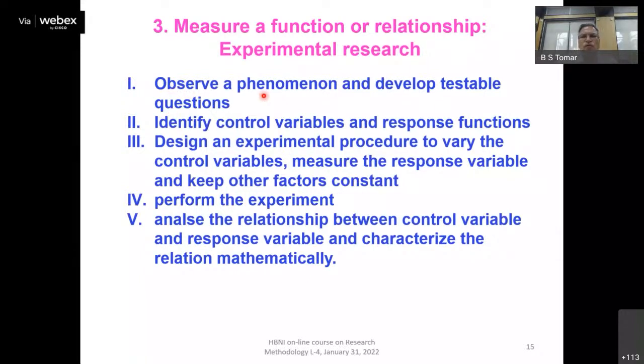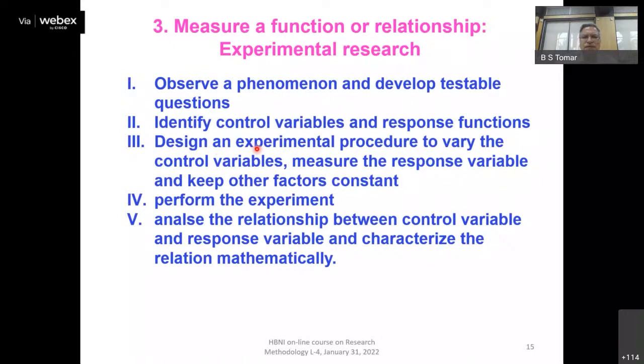So observe a phenomenon and develop testable questions. This is the chronology of steps you have to perform. Identify the control variables. The important point here is that you have a control variable and a response function, like independent and dependent variables. You have that in hypothesis based research also.